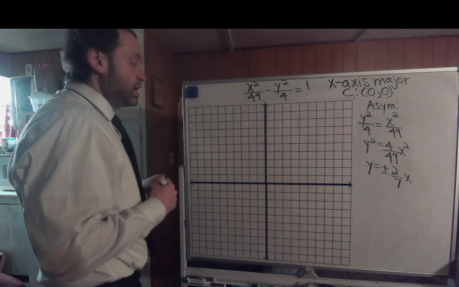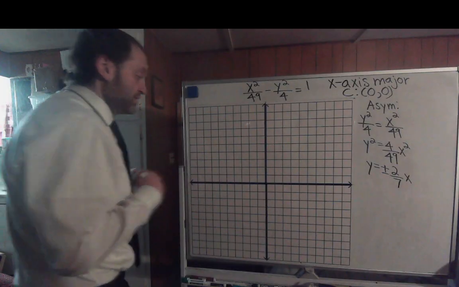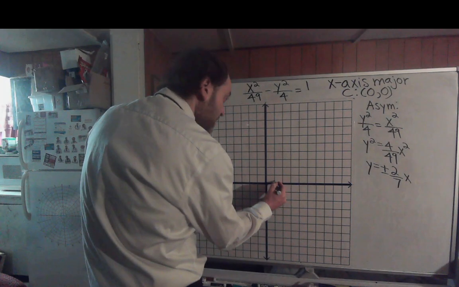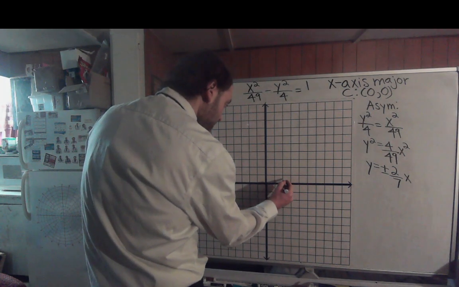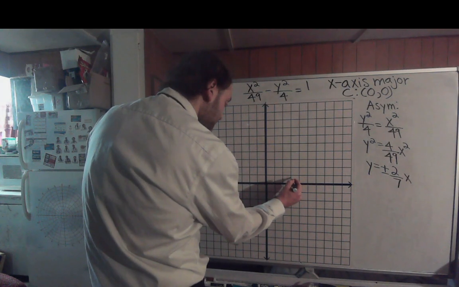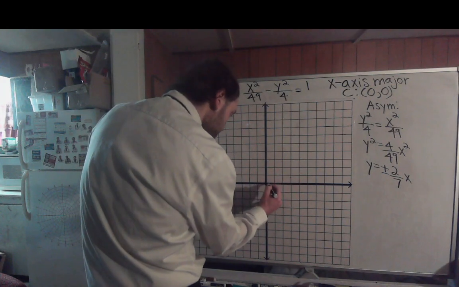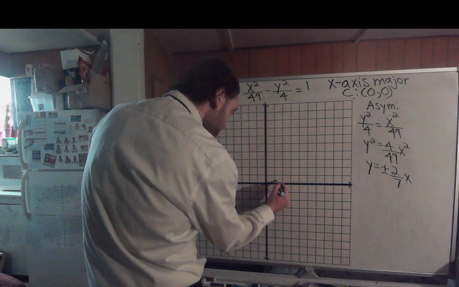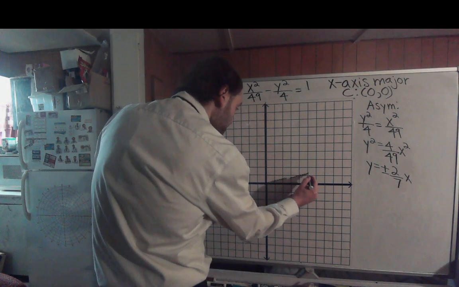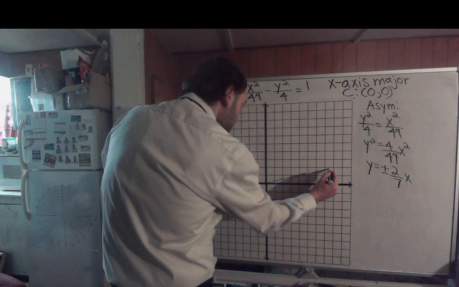So let's do the plus 2/7 x first. So at 1, it's about here. At 2, it's about here. At 3, it's about here. So it's really going to be a very low slope curve.